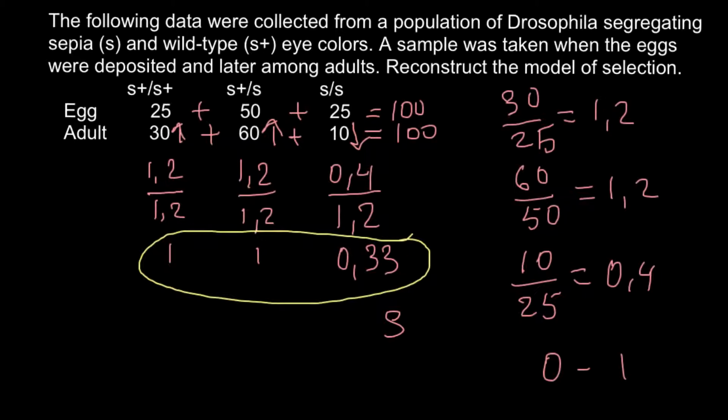After a certain number of generations we are going to lose it completely, and there is going to be fixation of the S plus allele. So this allele would be gone completely, and even if we saw this allele in a population, it would be only due to mutations, and the number would be very, very small.